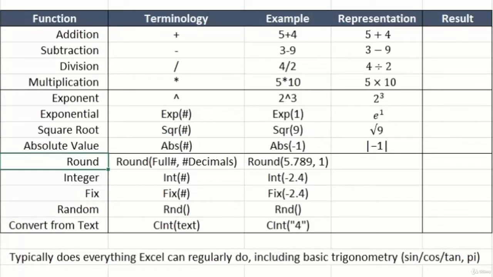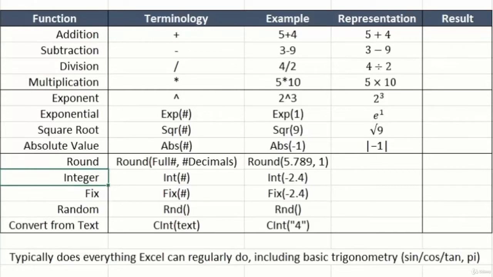So starting with round, we would first list the full number with all of the decimals and then tell the system how many decimals we want to round to. So in this example, we're trying to round the number 5.789 and we only want one decimal when we're done rounding it. Int and Fix do similar things. They truncate the decimal from the number.